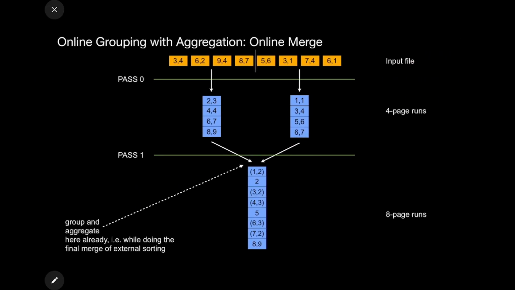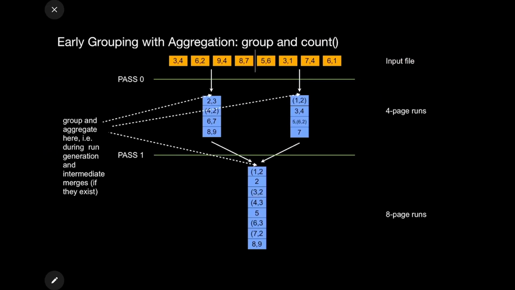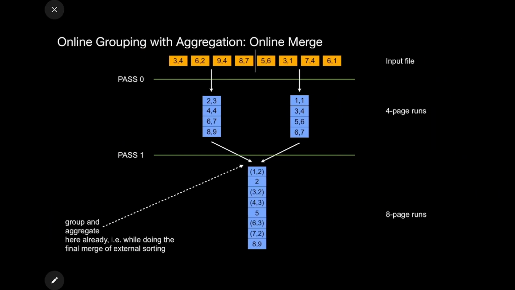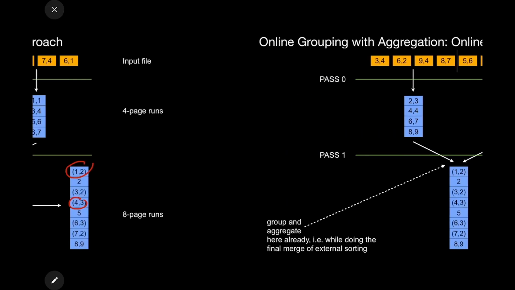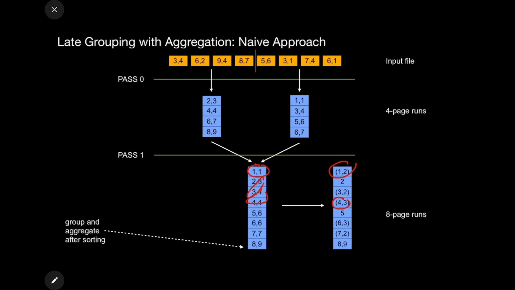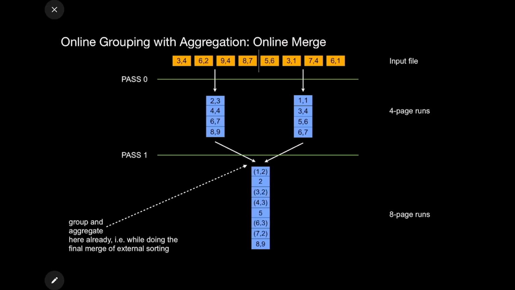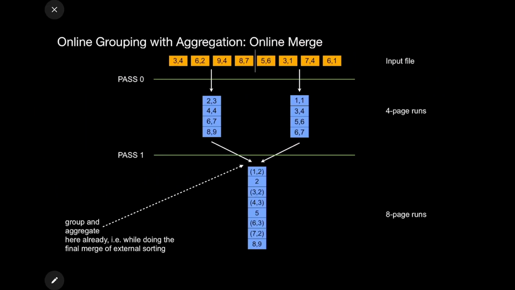But you could do that earlier. So while doing the final merge of external sorting, you could already do that. So for instance, rather than producing the sorted output first and then producing the grouping result, you could already integrate that into the final merge.